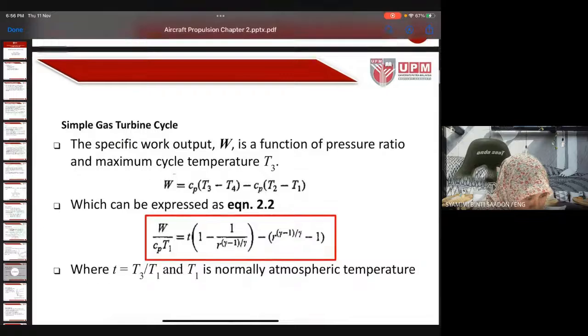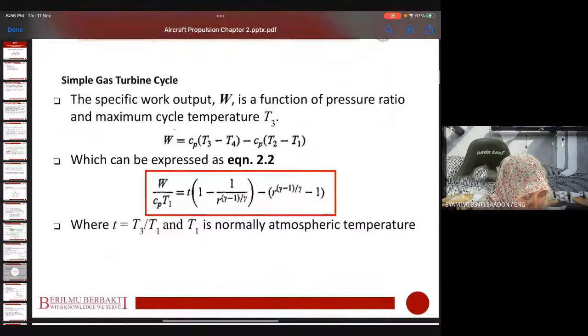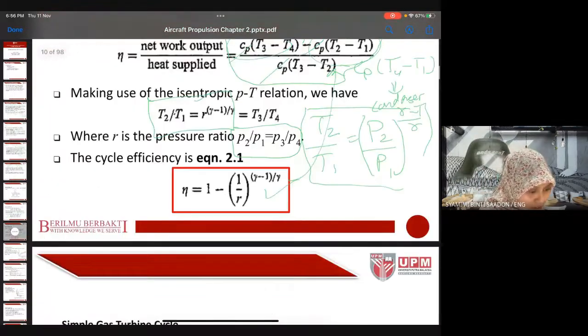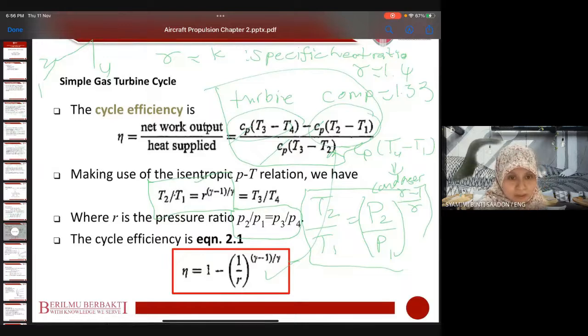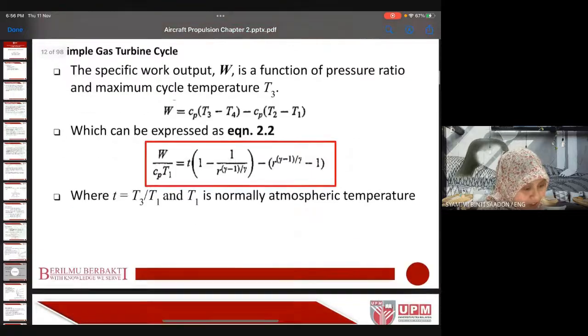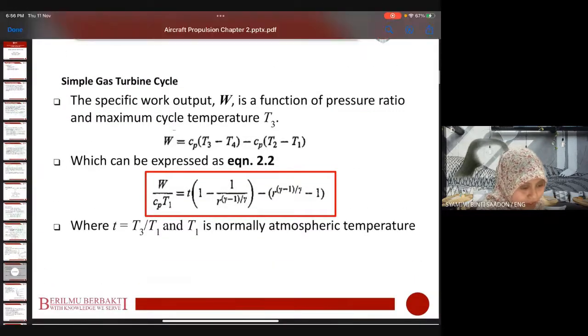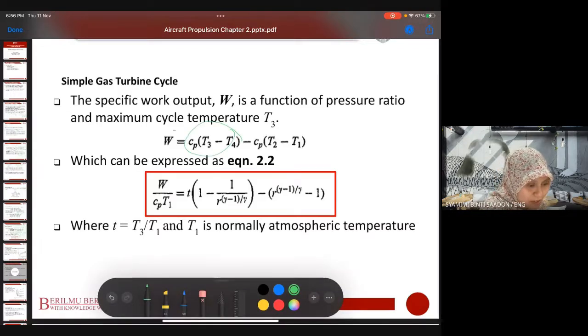And then the specific work output is also a function of pressure ratio and maximum cycle temperature. The net work output just now is the turbine minus the compressor, from the energy balance.